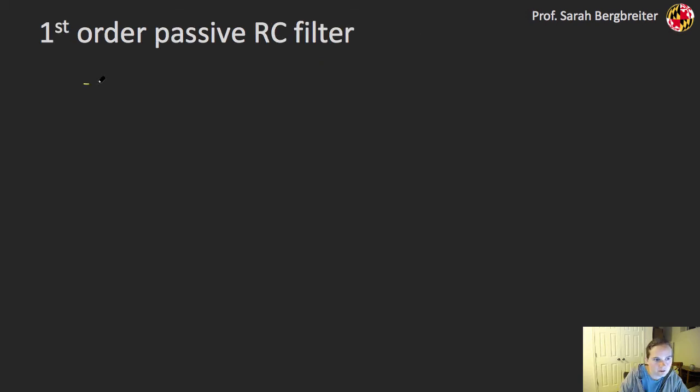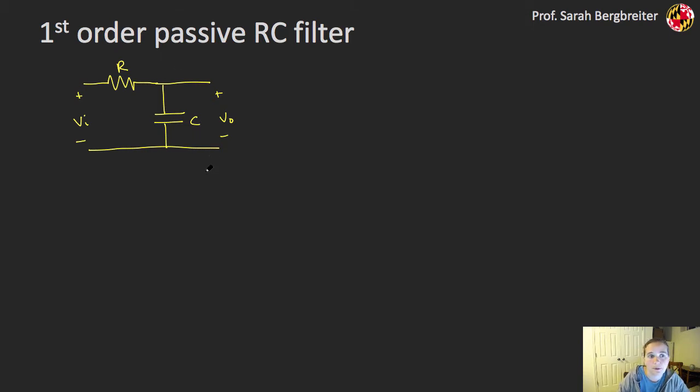The easiest way to implement a first order passive filter, and passive meaning there's no op amps or any other active elements in my filter, is through the RC circuit that you should be pretty familiar with by now. So I have a single resistor, single capacitor, I have some input voltage coming in here, and I'm measuring my output voltage across the capacitor.